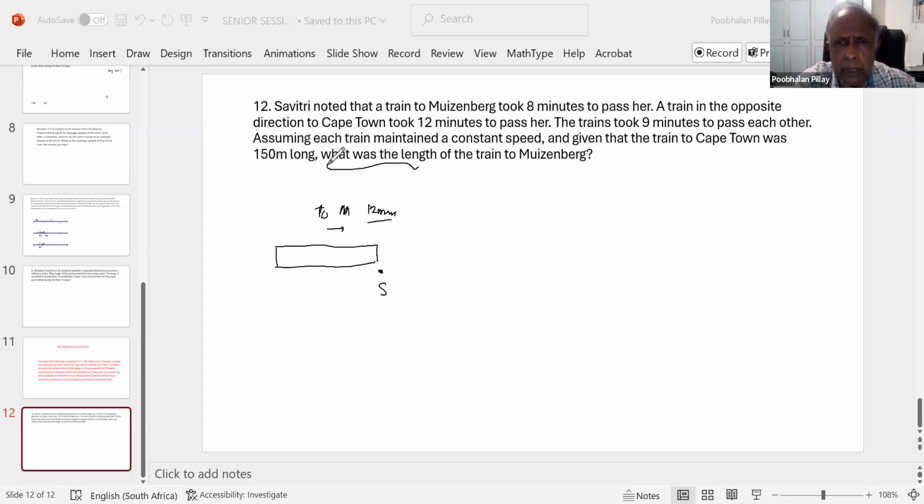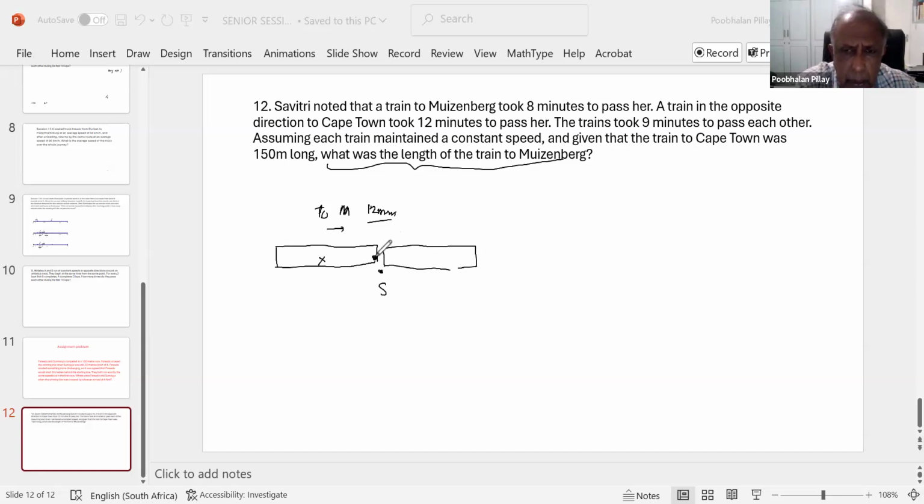I just want to jump to the end of this. What was the length of the train to Muizenberg? So you don't know what the length of this is. So let's just call this X. Right. So we don't know what X is, and that is the problem. Now it took 12 minutes. So when it passes here, it comes to this situation here.